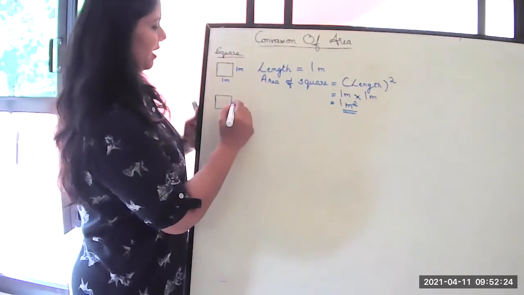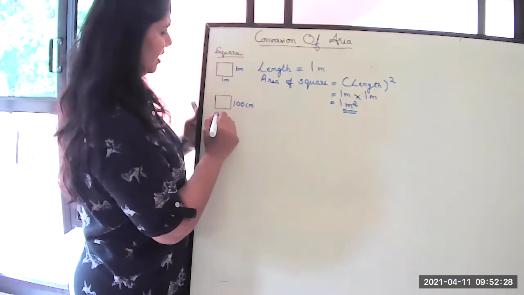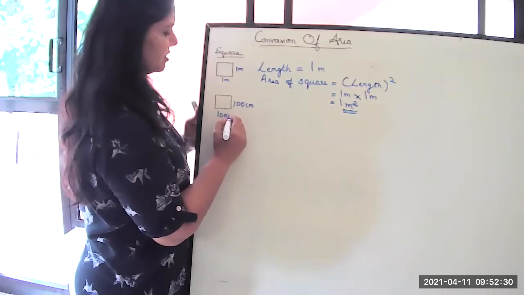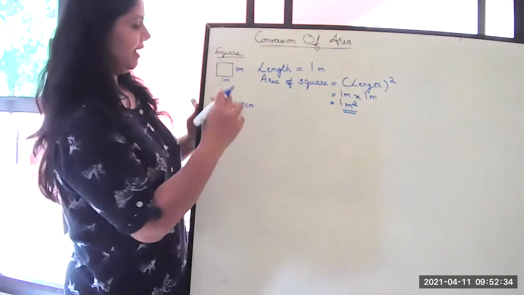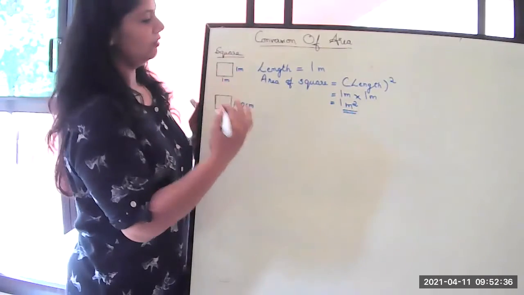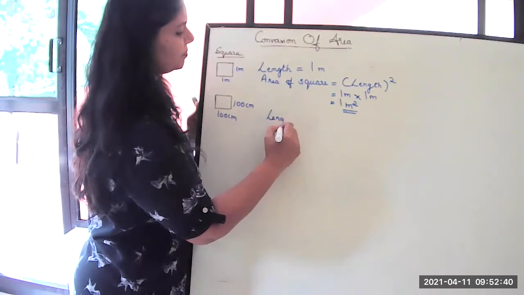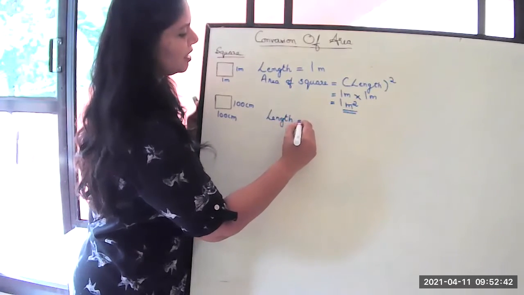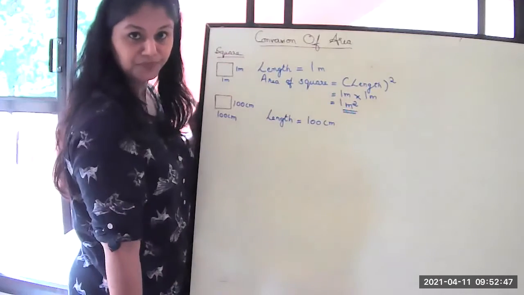Next, we have another square which has a length of 100 centimeter. So what will be the area of that square? Let's see. So length is equal to 100 centimeter.